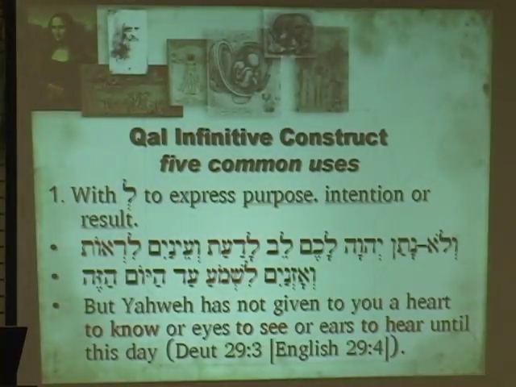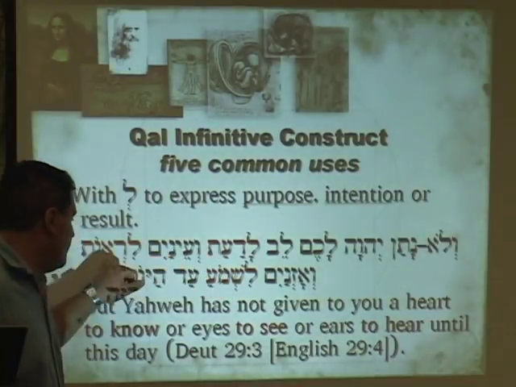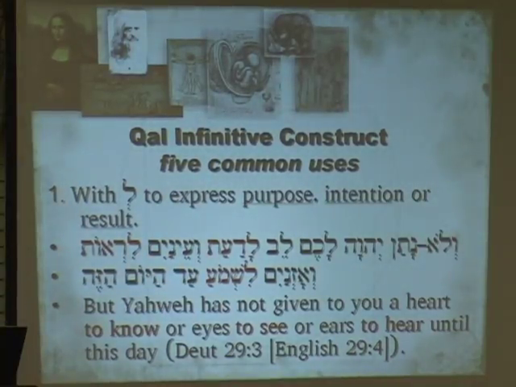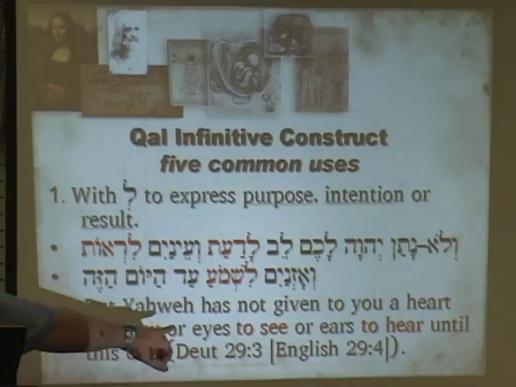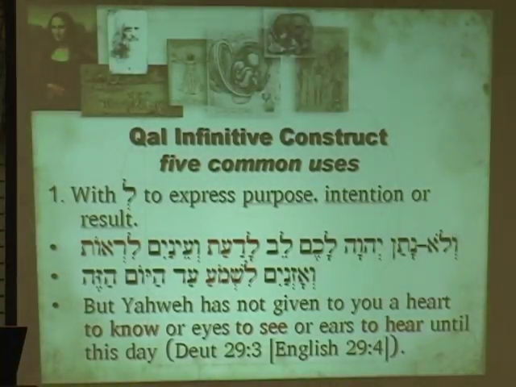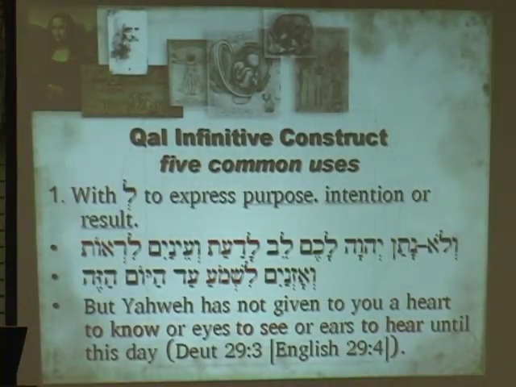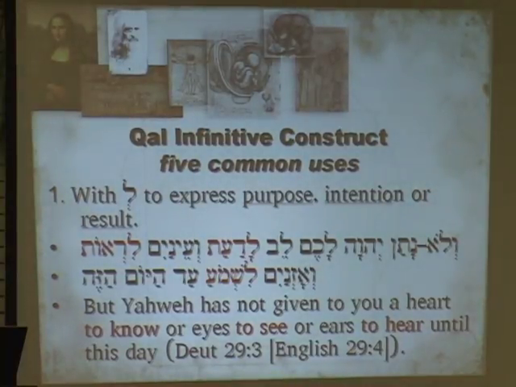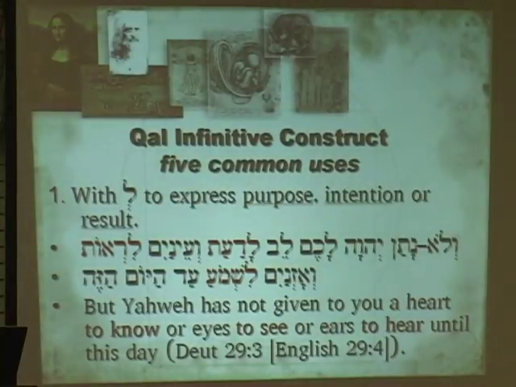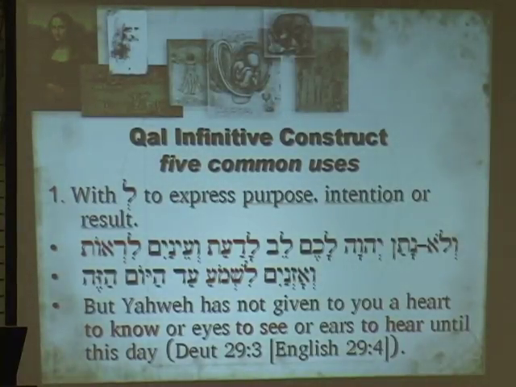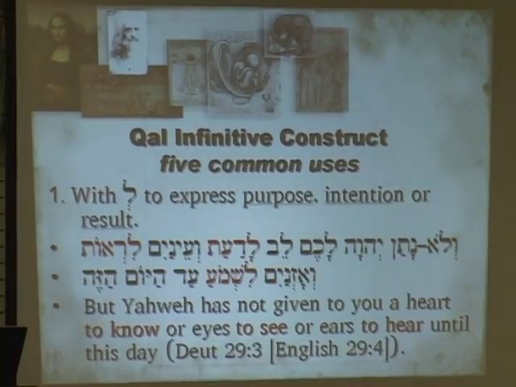So you'll see in the red, these 3 infinitives are translated corresponding to the 3 red infinitives in English. But Yahweh or Adonai has not given to you a heart to know, lada'at, or eyes to see, lir'ot, or ears to hear, lishmoa.